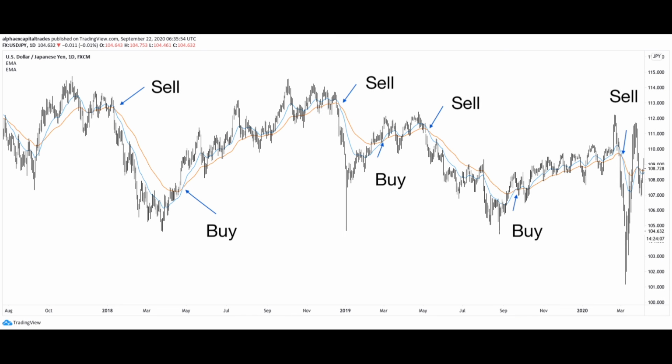However, it is important to note that moving averages are lagging indicators. This means that they are based on historical price and may not be able to predict future price movements accurately. Therefore, traders should use moving averages in combination with other technical indicators and market analysis tools to make informed trading decisions.